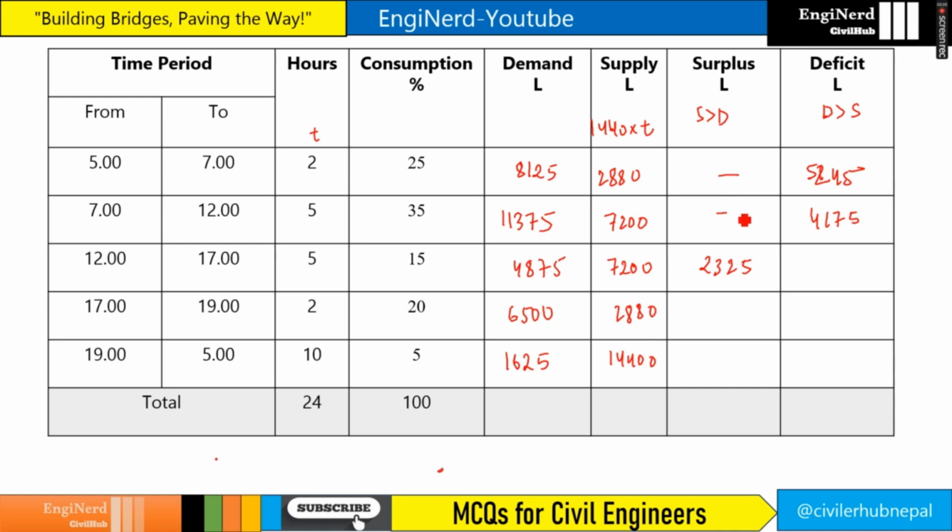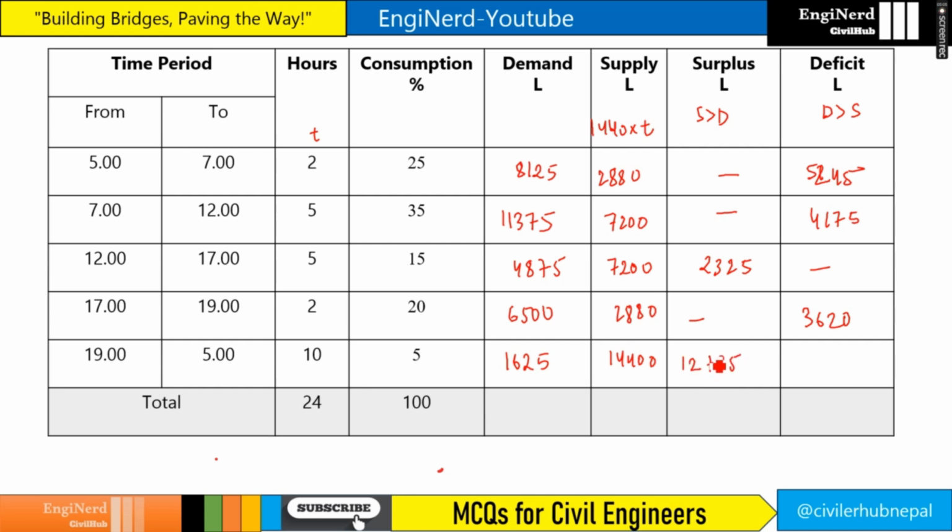And in the second last part, 6500 minus 2880, it will be in the deficit side because demand is greater, 3620. And for the last one, it will be in the surplus side, because supply is greater, 14400 minus 1625.